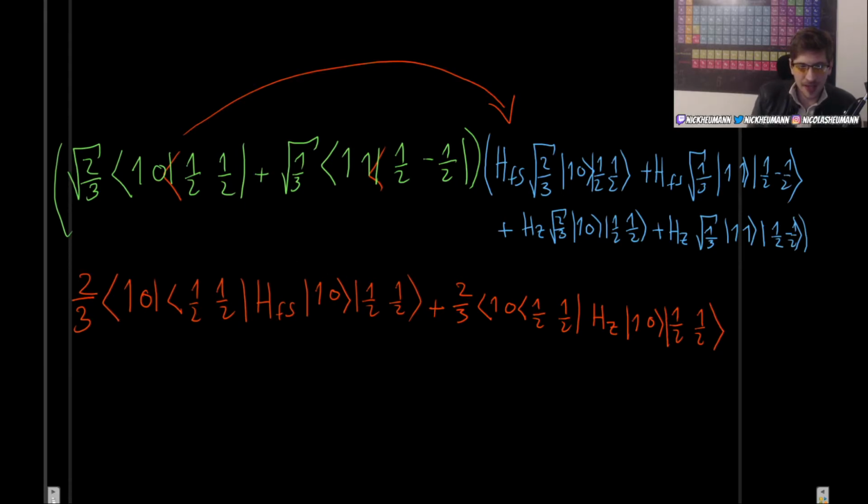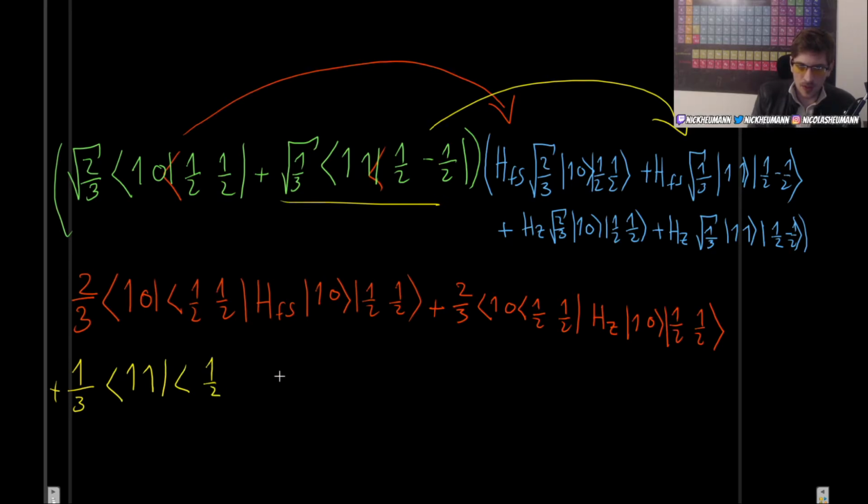And then we have this part multiplying, so we get this times this. So we get plus 1/3, 1, 1, 1/2, minus 1/2. Then we get the fine structure Hamiltonian, then 1, 1, 1/2, minus 1/2.